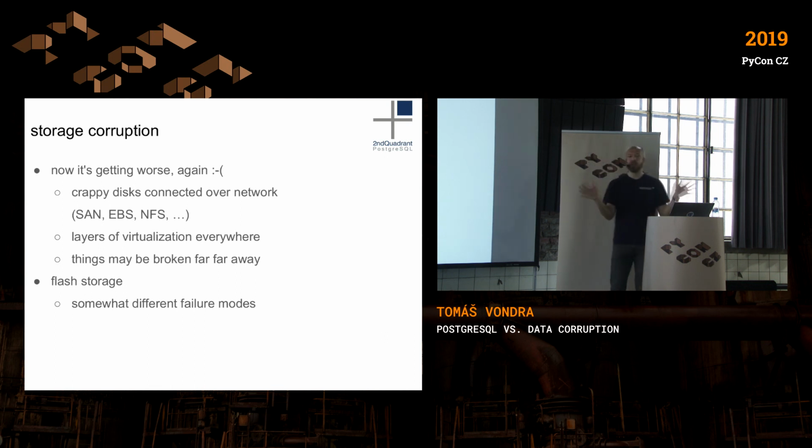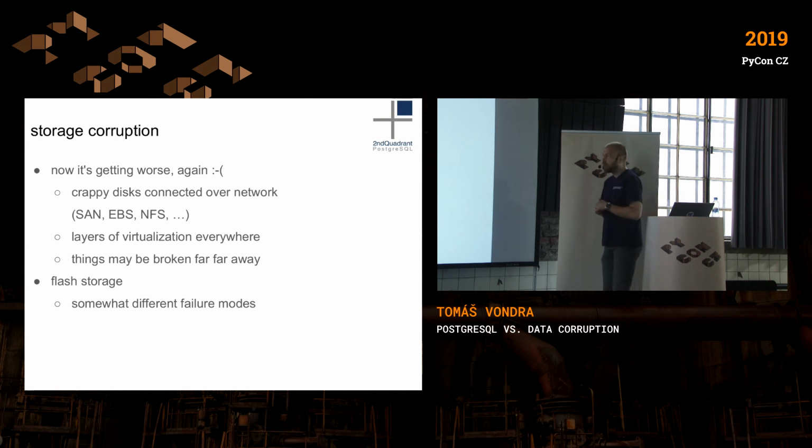There are layers of virtualization everywhere, which is good from the standpoint that you are isolated from the outside, but it's also bad because it makes it impossible to investigate over the boundary, right? So this is annoying, because we are seeing storage level data corruption issues more often again.